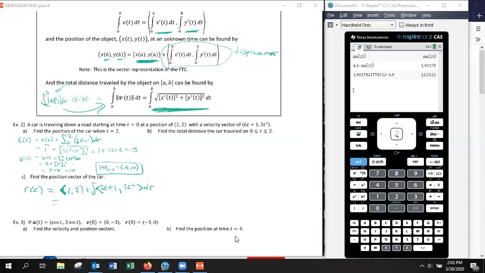So that's going to be 1, 2, plus this vector of 3t squared plus t, comma, t cubed. So giving us 3t squared plus t plus 1, t cubed plus 2.